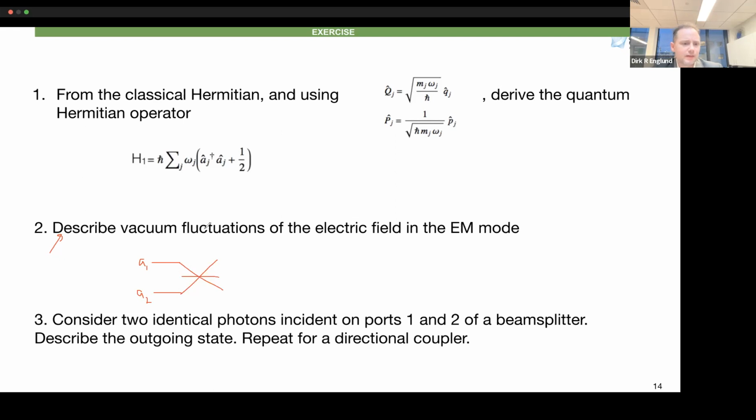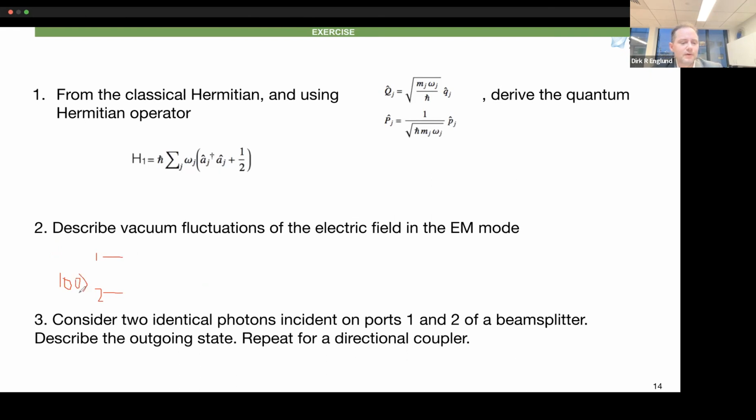How do we write the initial state of a two optical mode system? Here's mode 1, here's mode 2. And let's say that initially they're in the vacuum, so the number of photons in both is equal to 0.